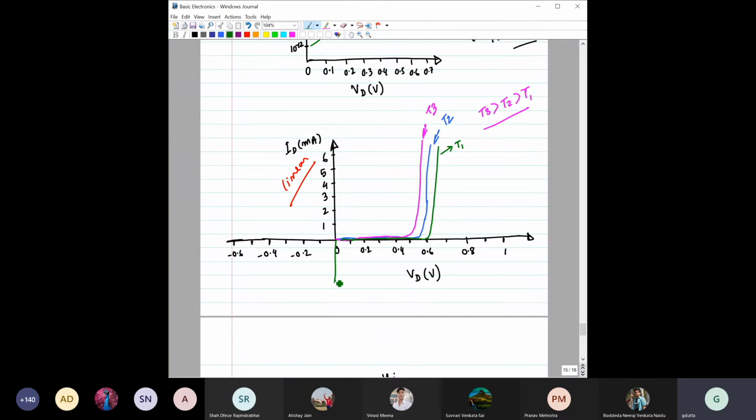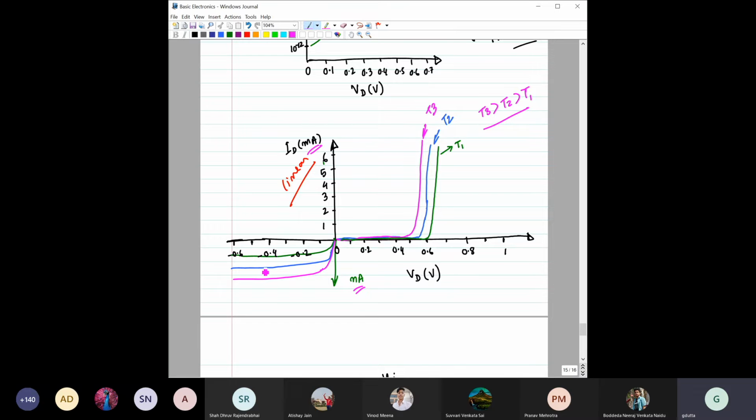If we want to plot it in nanoamps and show the reverse bias current as well, then for T1 the reverse bias current is somewhat like this, for T2 the reverse bias current would increase, and for T3 it should further increase. This is for silicon. Remember that this is in milliamps and this is in nanoamps. That's why I can show it like this.